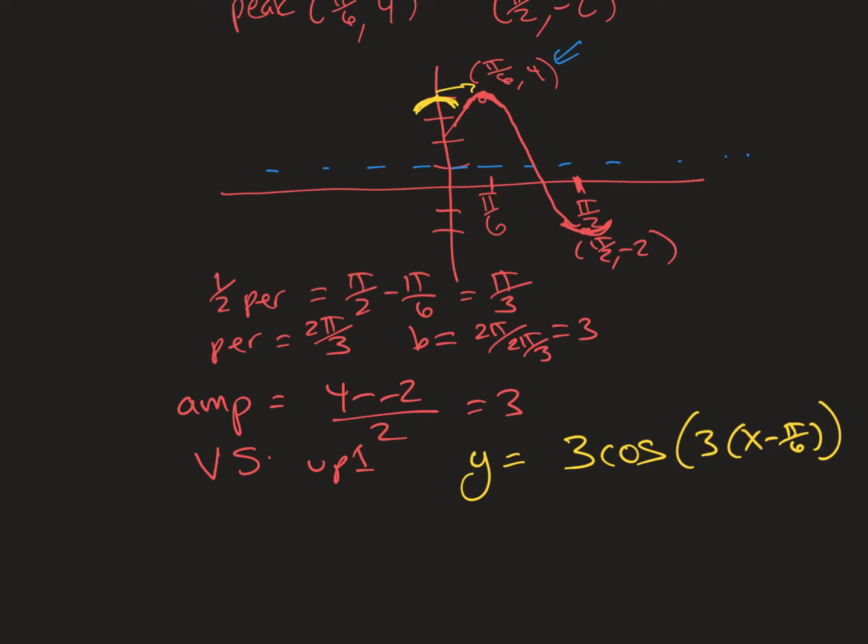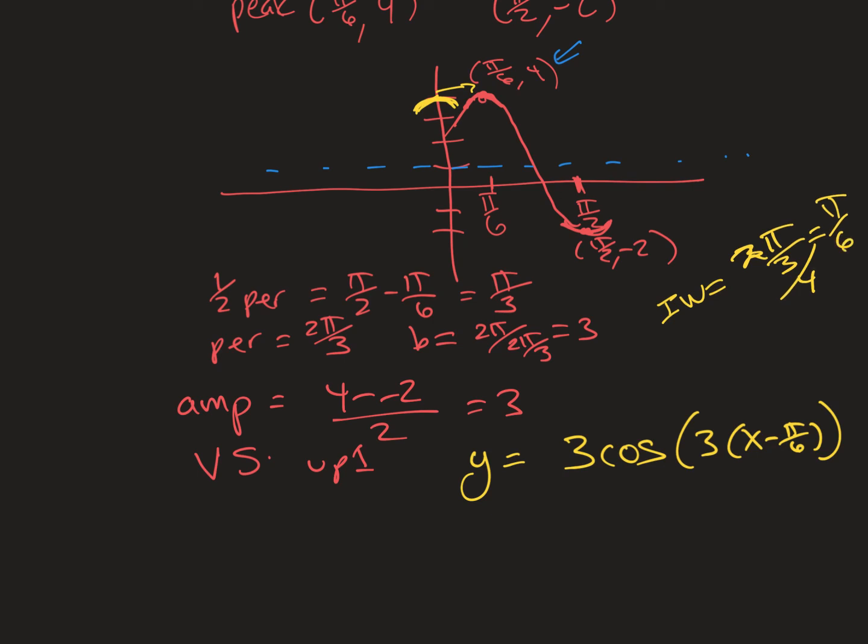Okay, so for finding the sine, what did we say the interval width was here? Or maybe we didn't, because it would be nice to find the point to the left that hits the midline to the left of pi over 6. So the b value is 3. So the interval width will be 2 pi over 3 divided by 4, or pi over 6, which actually is very helpful.